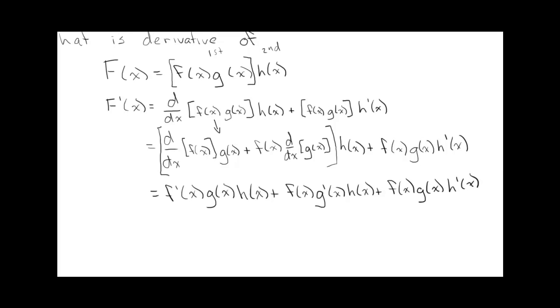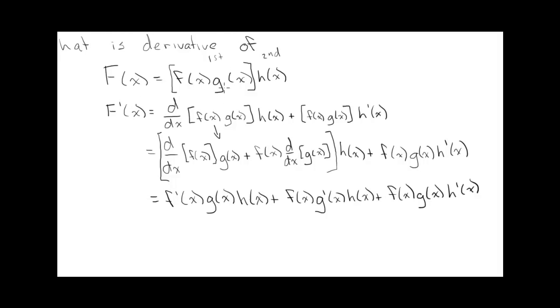So that's the derivative of the three functions f, g, and h. It's these three terms: f prime times g times h, f times g prime times h, and f times g times h prime.